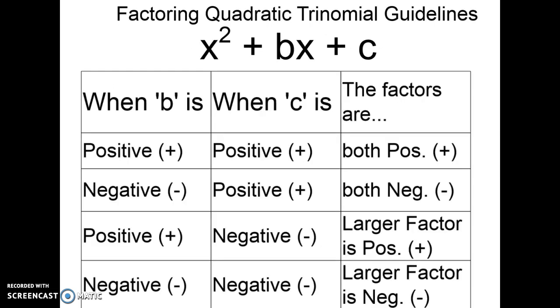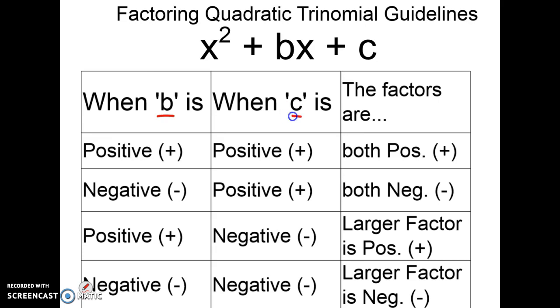I created one table that hopefully will help you out when we're talking about which factor is positive and which factor is negative. So basically, you can see when B is negative or positive, and when C is negative or positive, what happens to those factors.